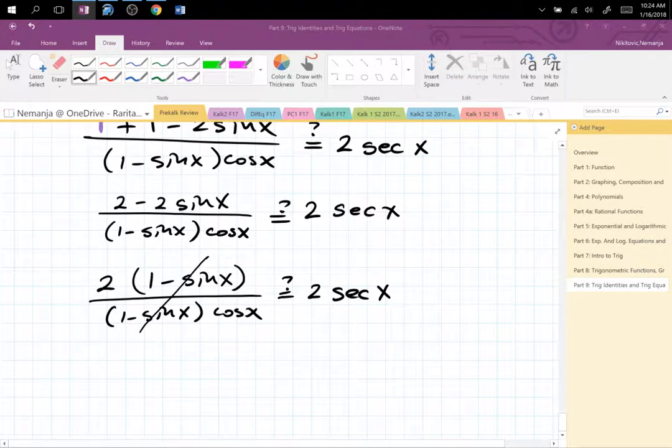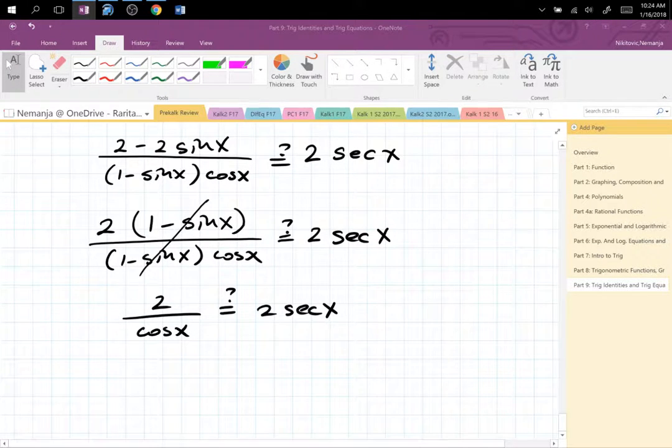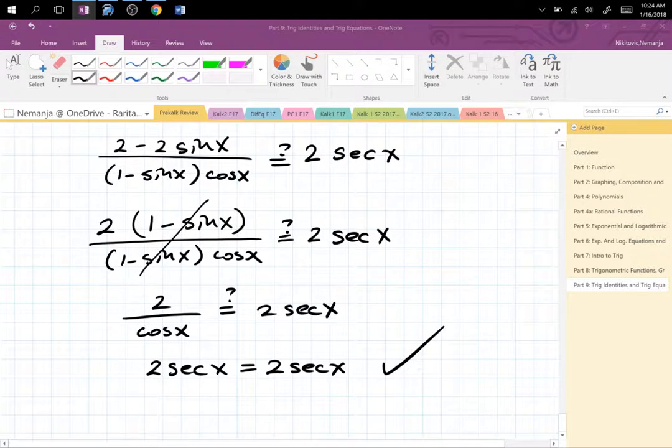So what you are left with is 2 over cosine x is equal to 2 secant x, but then we know that 1 over cosine is secant, so 2 secant x is equal to 2 secant x. Verified. So that identity that really didn't look good actually works just fine.